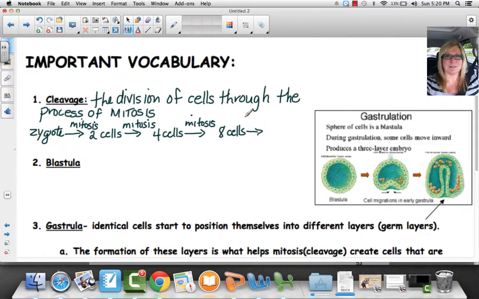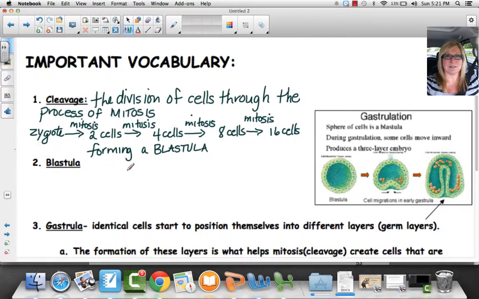And that undergoes mitosis. And then that produces 16 cells, forming a blastula, which is our next vocabulary term.